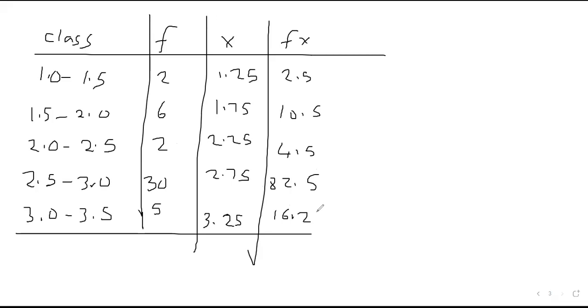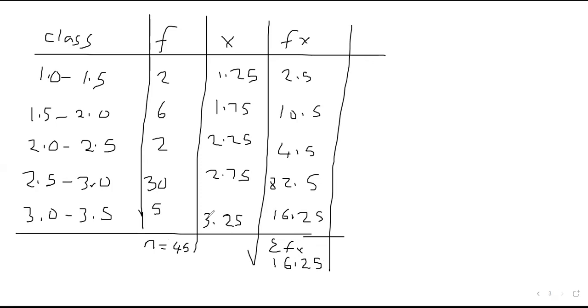We add up, and what we get here is the summation of fx. When we add the frequency column, we get our total value n. So the first part of the question was asking us to calculate the mean. What is our mean? Our mean will be summation of fx over n.